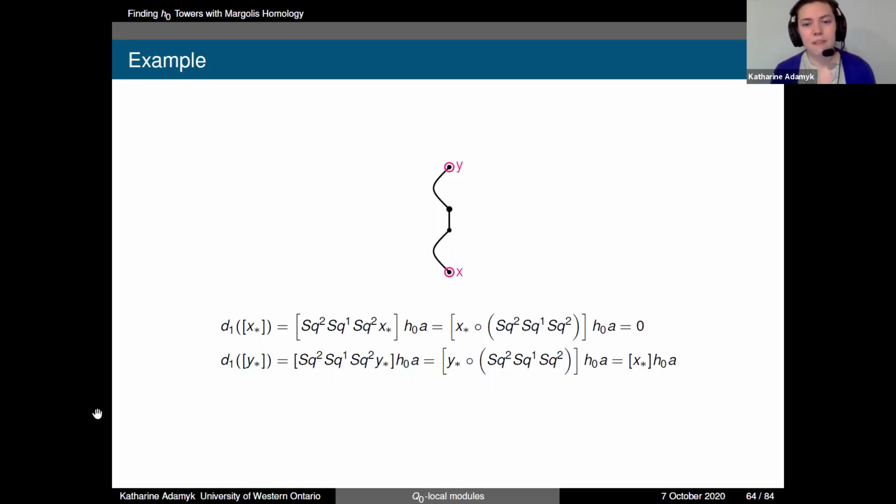But if I precompose by square 2, square 1, square 2, Y dual is going to pick up exactly X, right? Because Y is square 2, 1, 2 of X. So this D1 differential is picking out classes in the Margolis homology that are connected by a 1 Seagull. That's what all that notation means.